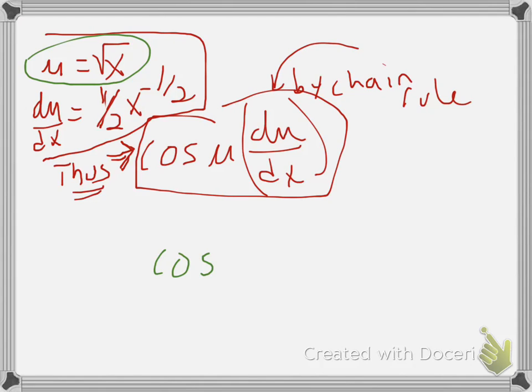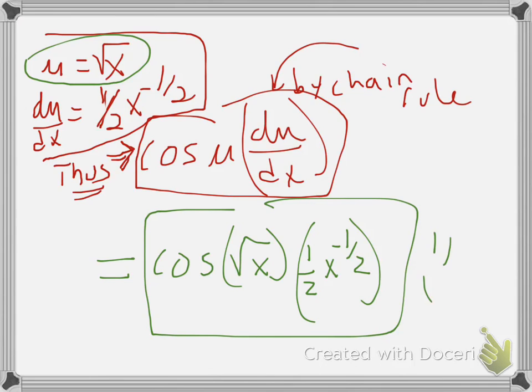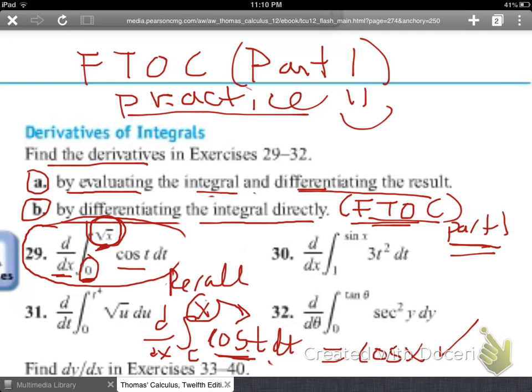Okay, so now I've got cos root x, and du dx was equal to 1/2 x to the negative 1/2. And that would be your final answer. Now the cool thing is we did that by the FTOC, by the fundamental theorem of calculus. We basically did Part B.